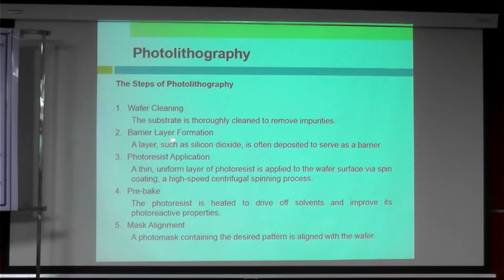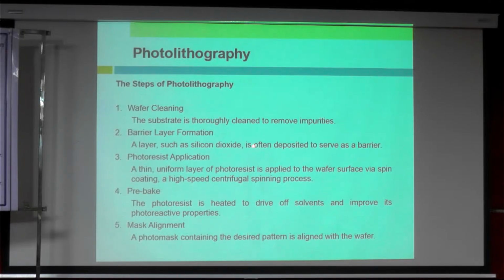Then barrier layer formation: a layer such as silicon dioxide is often deposited to serve as a barrier. Previously I have explained the process of growing silicon dioxide using dry oxidation and also wet oxidation, where you use steam and oxygen gas in order to have that silicon dioxide grow on the silicon surface.